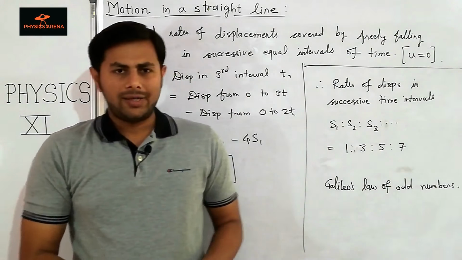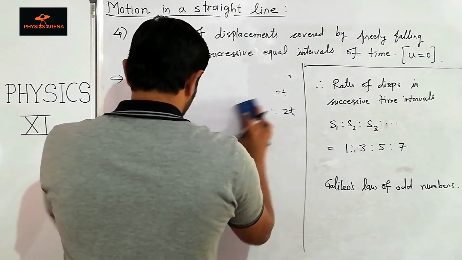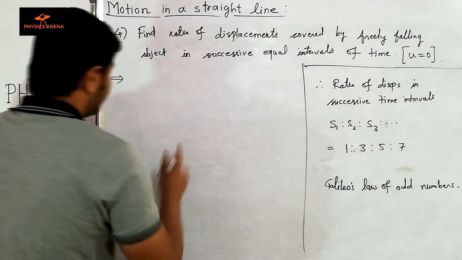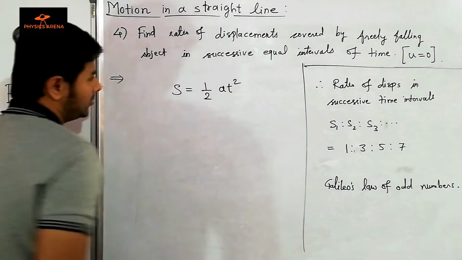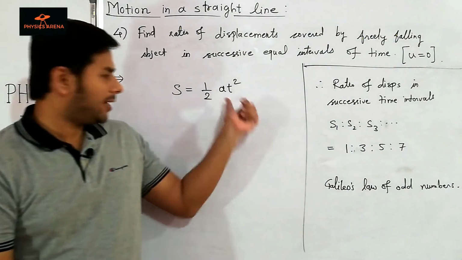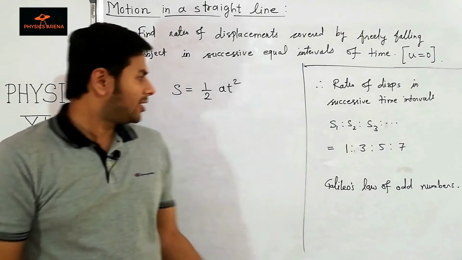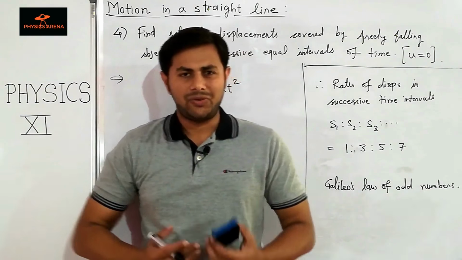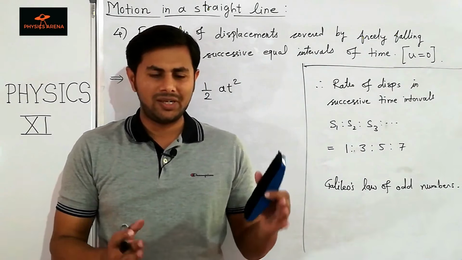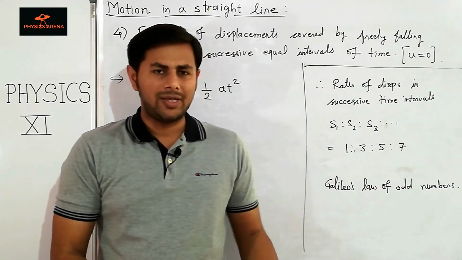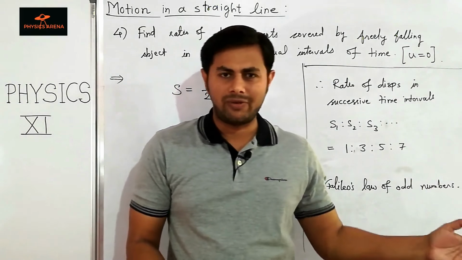Good. And the beauty of this is we did not use g. We just wrote s equals half of at squared. We didn't care whether this a is 10 meters per second squared or 15 meters per second squared. Whatever it is, if an object is accelerating uniformly, then the ratio of displacements in equal successive intervals of time is going to be the ratio of these odd numbers, 1:3:5:7.